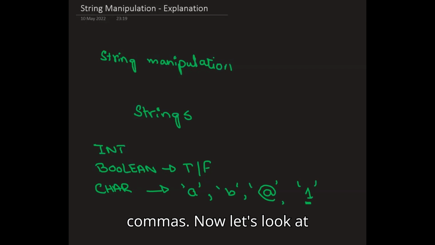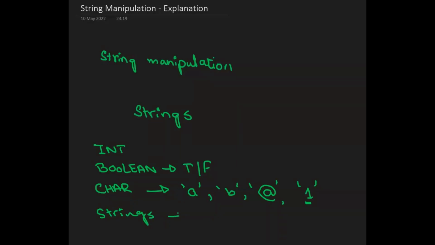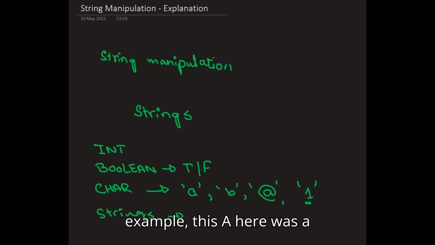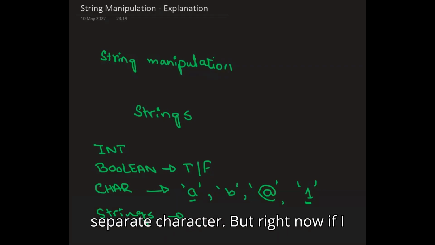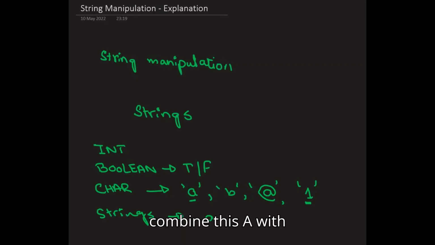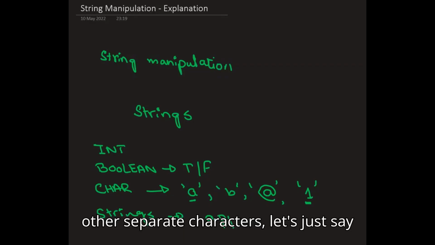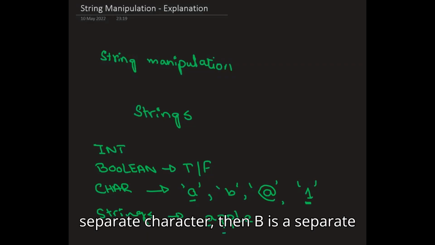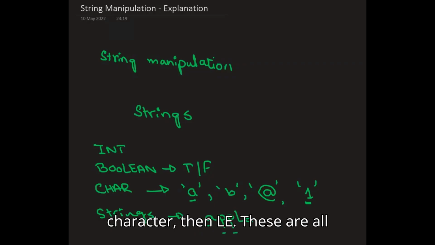So now let's look at what strings are. Strings are basically a combination of characters. For example, this A here was a separate character, but if I combine it with other separate characters, let's say I write apple here: A is a separate character, P is a separate character, again P, then L, E, these are all separate characters.